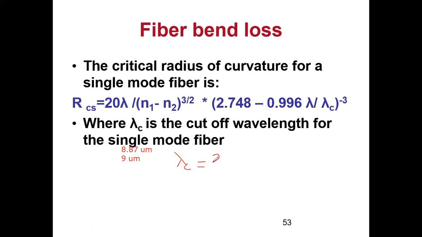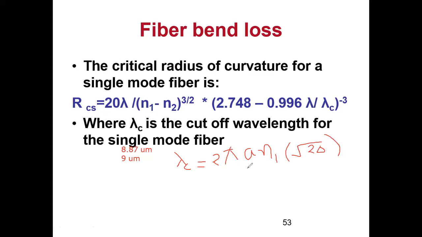I had told you that the first chapter formula we will be using throughout. So it is 2 pi a n1, a is the radius, I think the diameter is given to you, upon square root of 2 delta. This is the formula.